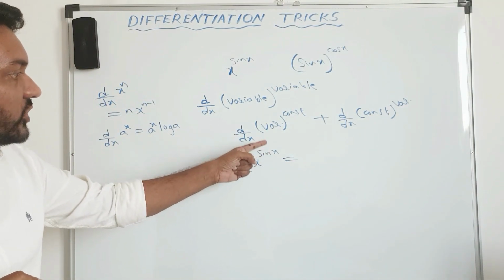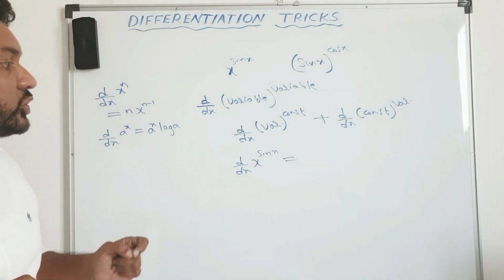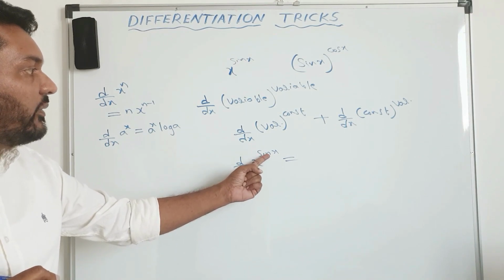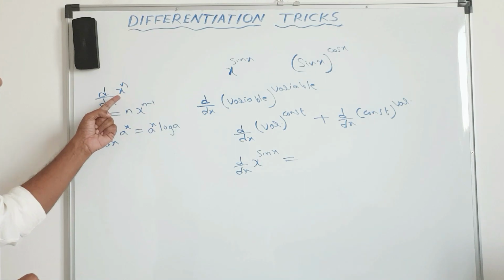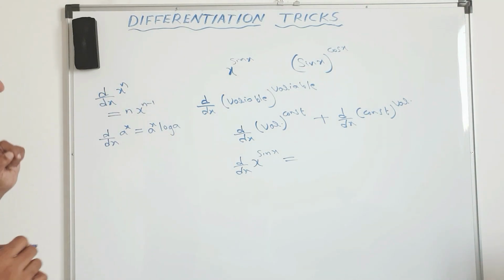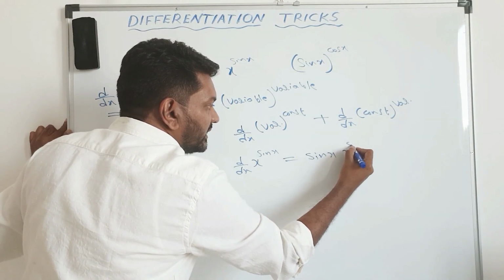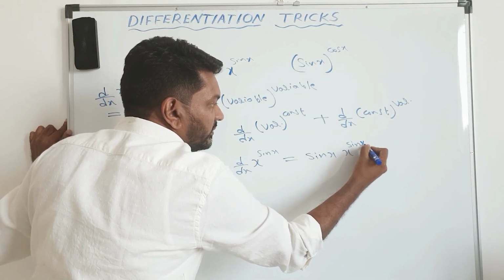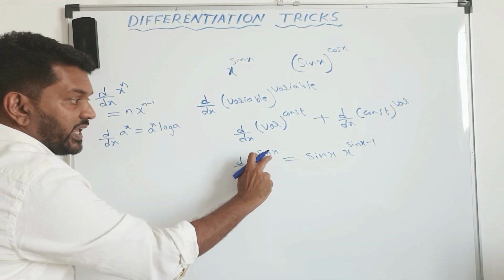Take the power as constant and the base as variable. Actually both are variable, but for this shortcut you have to consider this power as constant. So it became the form x to the power n, whose derivative is n x to the power n minus 1. So I can write it as sin x into x to the power sin x minus 1, using n x to the power n minus 1, where n is sin x.